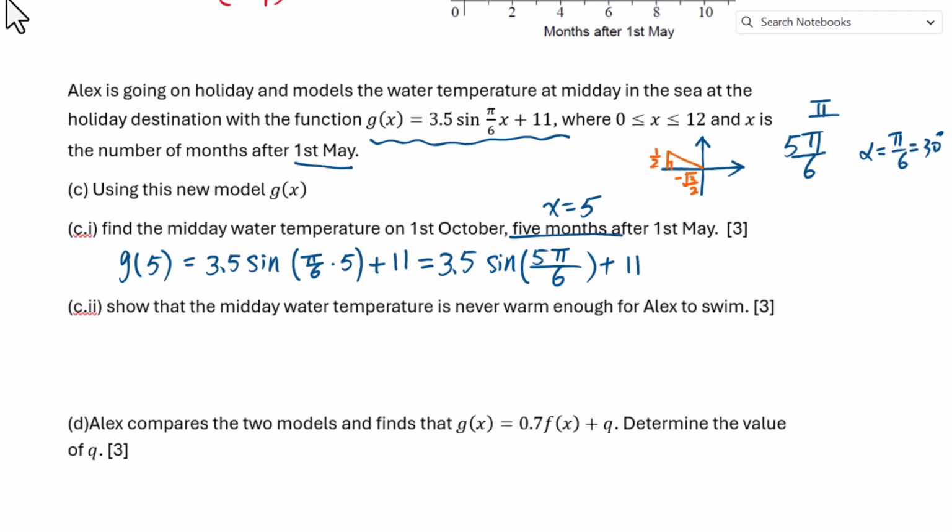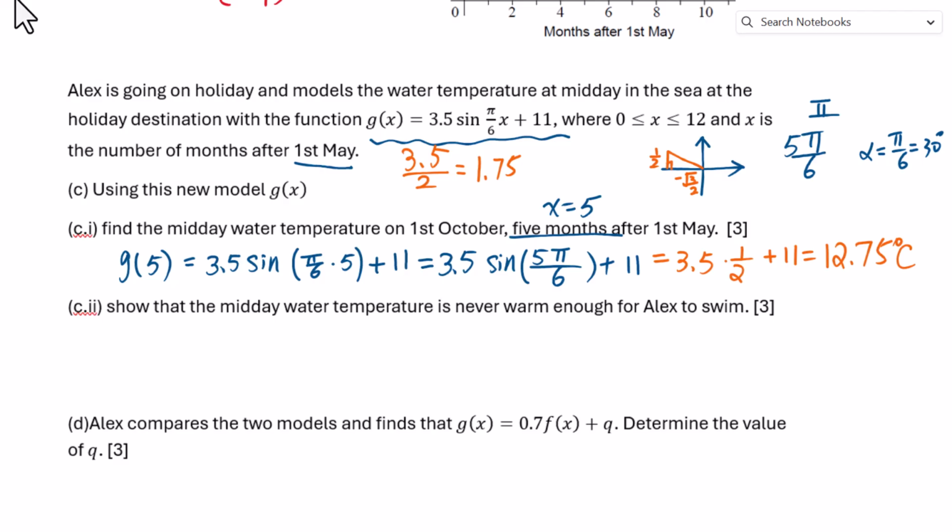Sine is the opposite side, or the y-coordinate. So we get 3.5 times 1/2 plus 11, which is 1.75 plus 11, equals 12.75 degrees Celsius.